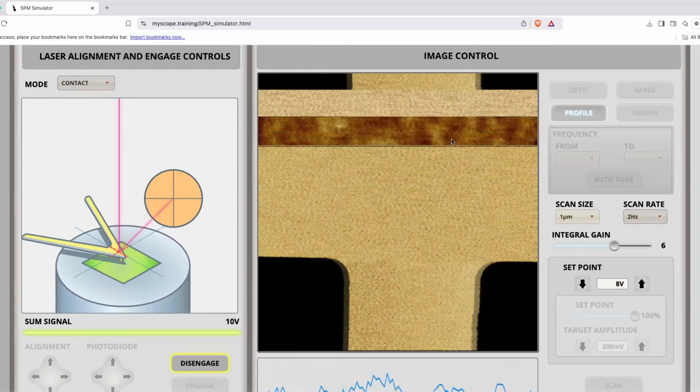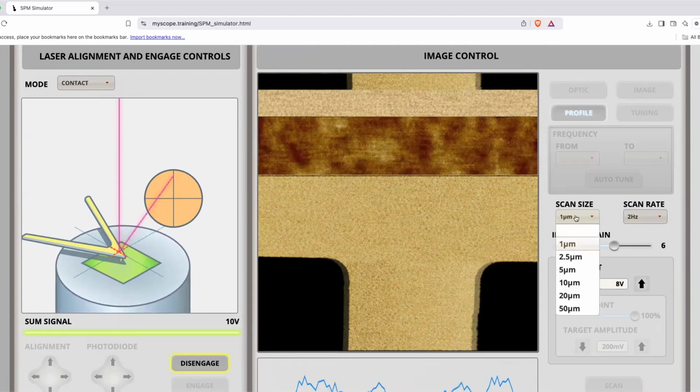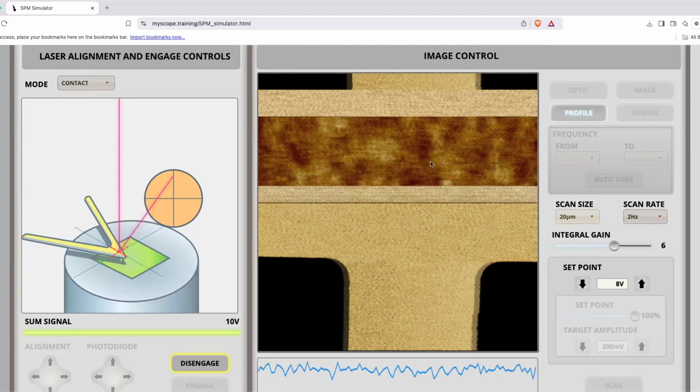We can take a smaller size, then you will see the details. Or if you want, take 20 micron.